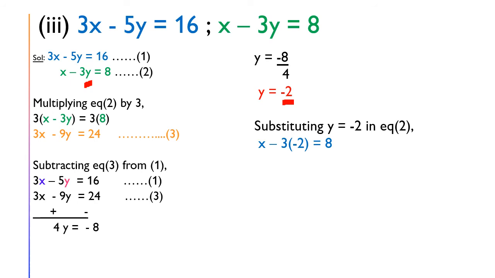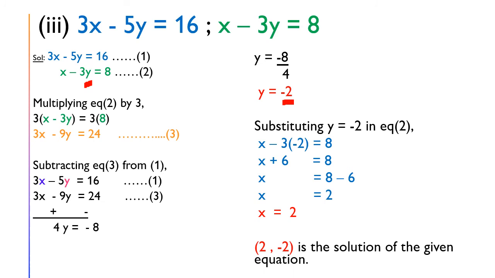Now x will remain as x, minus into minus will become plus, so x plus, and 3 2s are 6, so x plus 6 is equal to 8. When this 6 goes to the other side, it becomes minus 6, and hence 8 minus 6 will be 2. So we get the value of x as 2. So 2 comma minus 2 is the solution of the given equations.